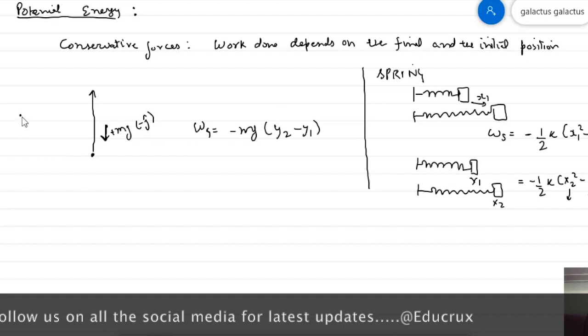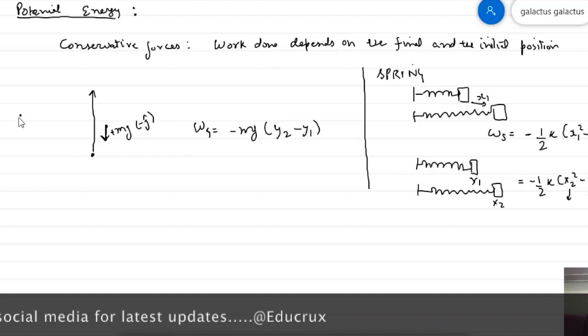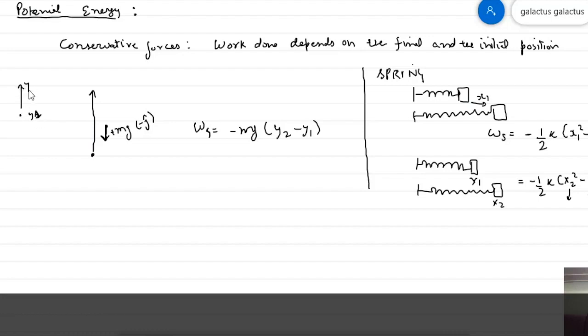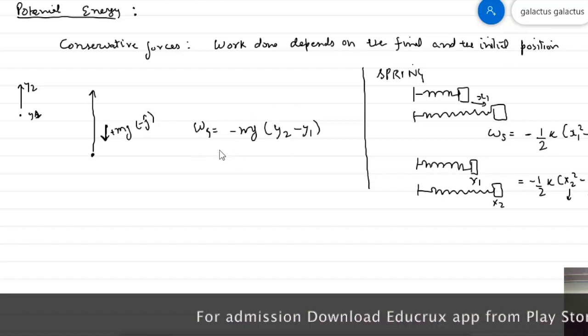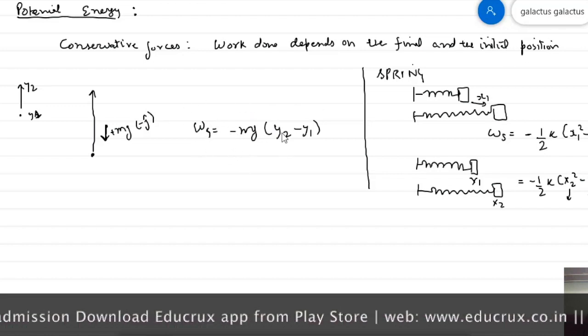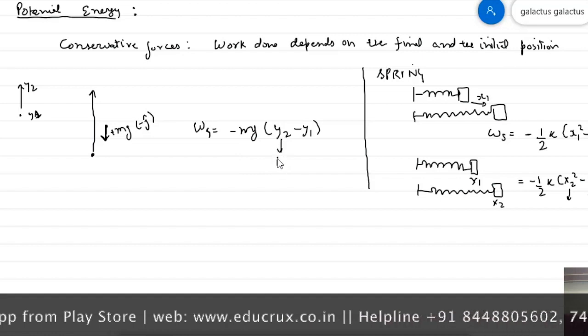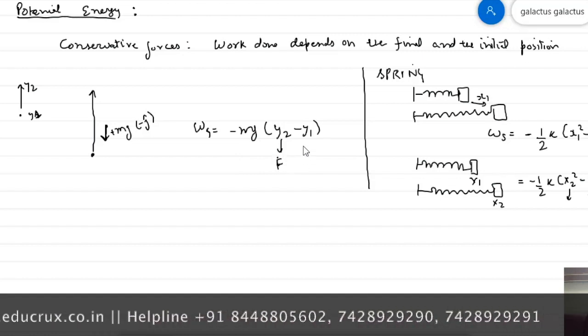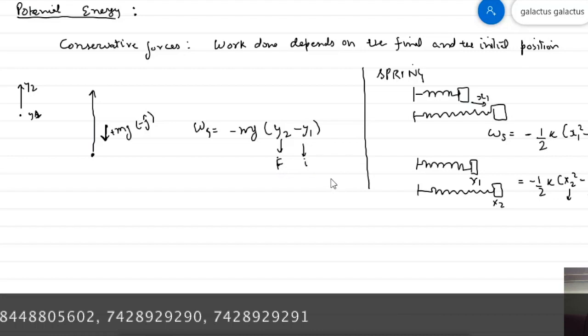If I want to calculate the work done by gravity from y1 to y2, this is the formula. From this also we can see that the work done depends only on the final and the initial position.